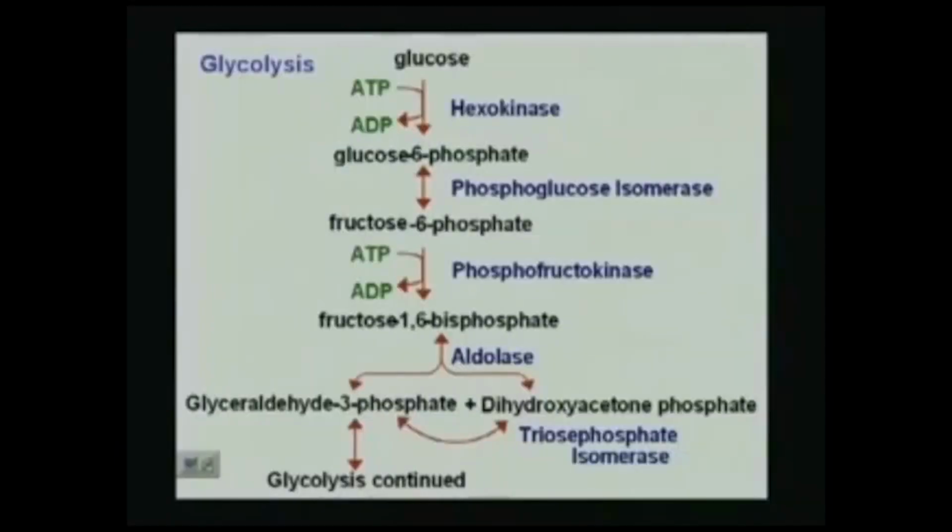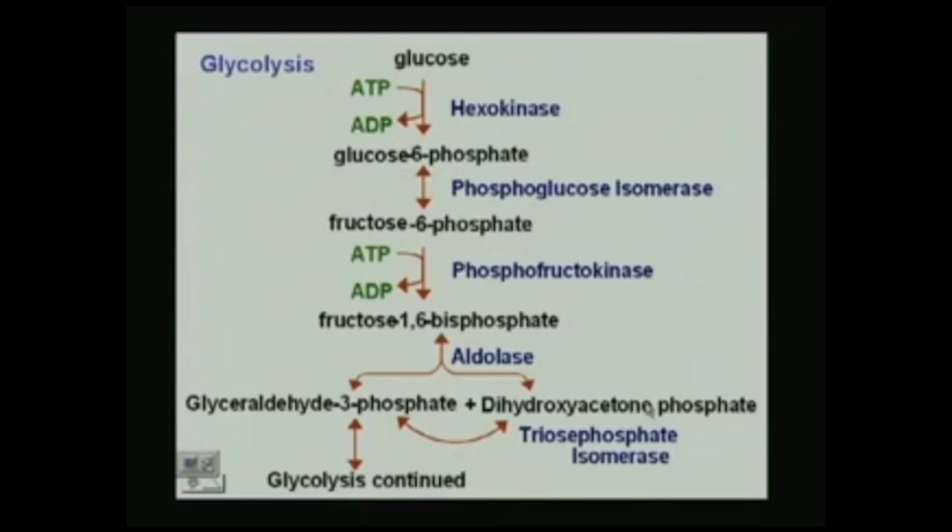and we have aldolase. Aldolase is going to break down fructose 1,6-bisphosphate into glyceraldehyde 3-phosphate and dihydroxyacetone phosphate. And if you notice here, it is glyceraldehyde 3-phosphate that will allow the glycolysis to continue.